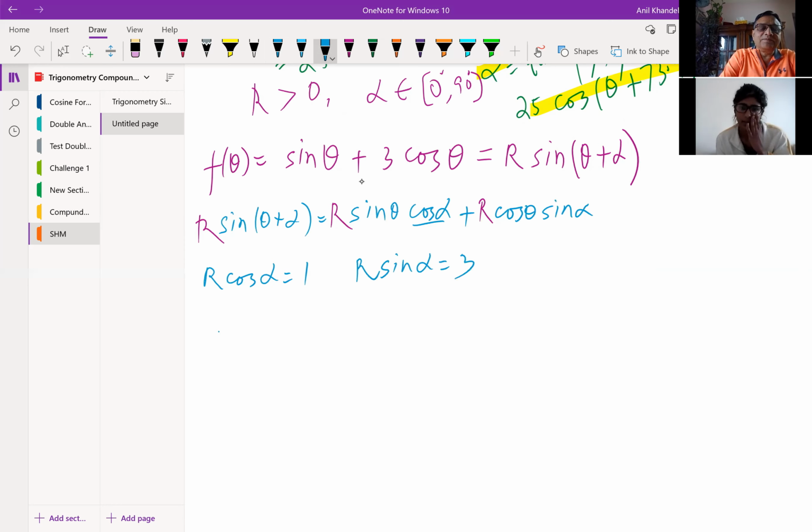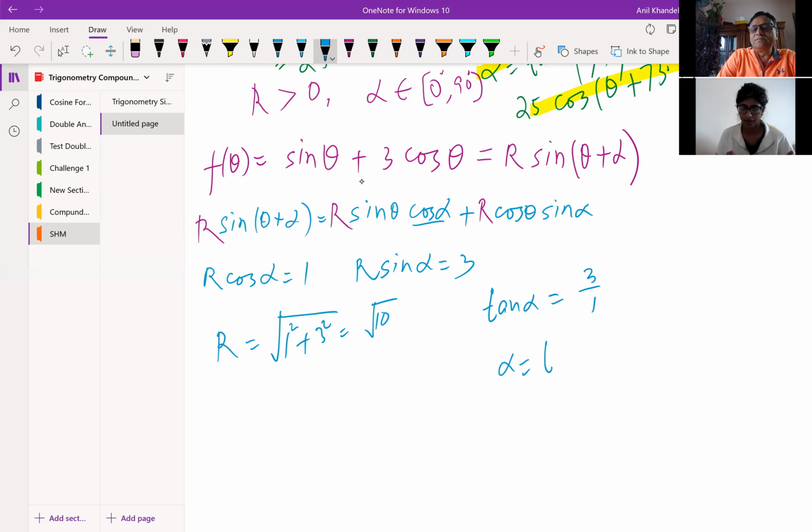Then r equals the square root of 1 squared plus 3 squared, so root 10. And then alpha equals tan inverse of sine alpha over cos alpha, so that will be 3 over 1. So just tan inverse of 3, which is 71.6 degrees to 3 significant figures.